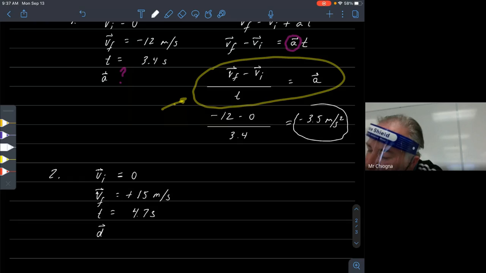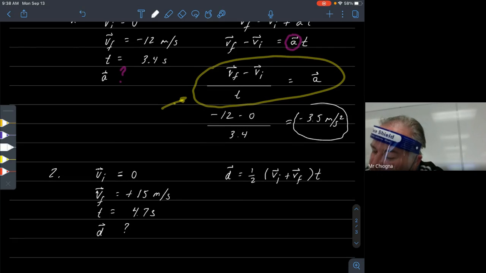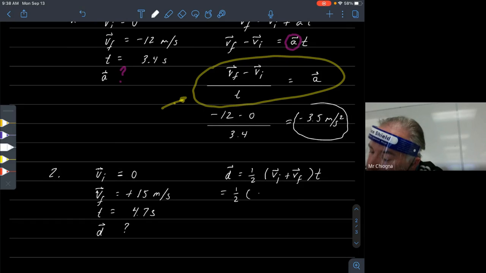And then choose the corresponding equation that contains, in this case here, all 4. This equation contains all 4. You can just straight plug in. You don't have to rearrange. If it's a positive number, you can just insert the number.